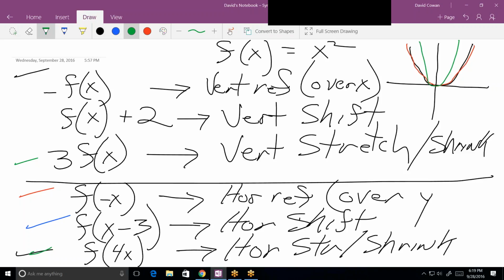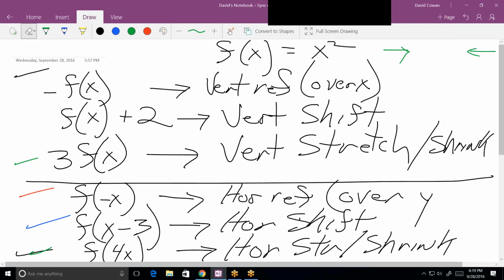In other words, you can think of this as if I pushed on both of those sides, I'm shrinking it horizontally by a factor of 4. Okay? So those are all of your transformations that you can do. There's only 6 of them.